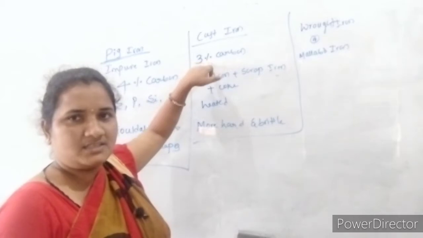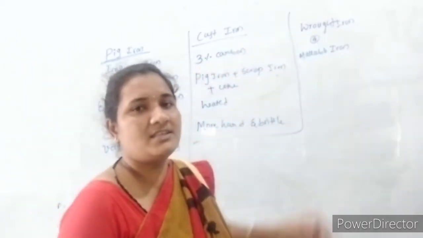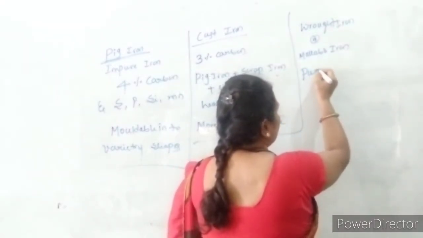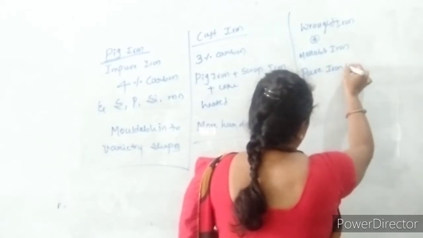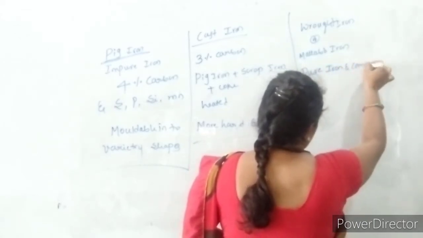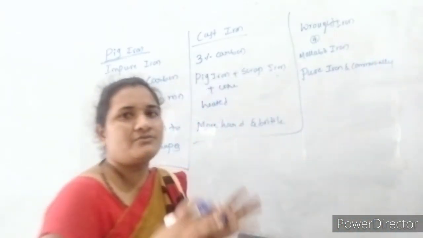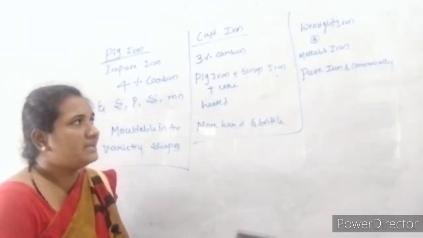Cast iron contains 3% of carbon. The wrought or else malleable iron is the purest form of iron, and it is the most commercial one. So this is the commercially purest form of iron, called wrought iron or malleable iron.